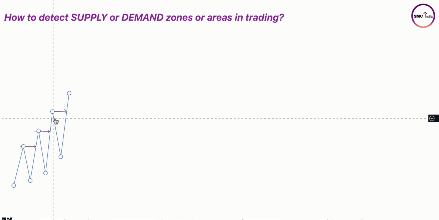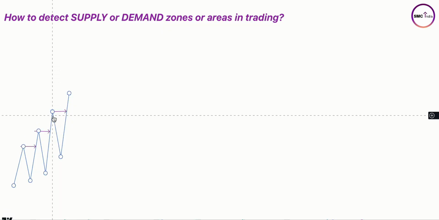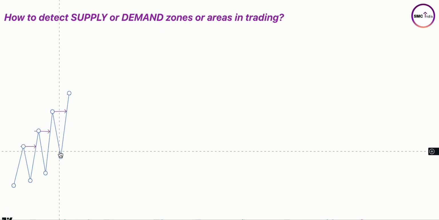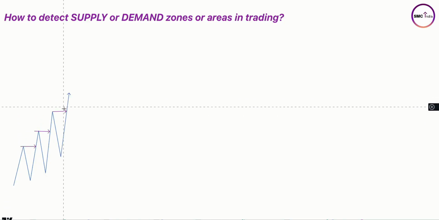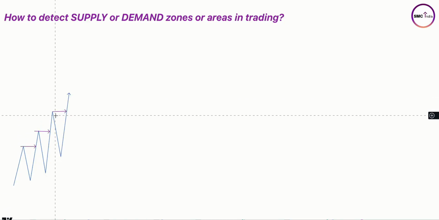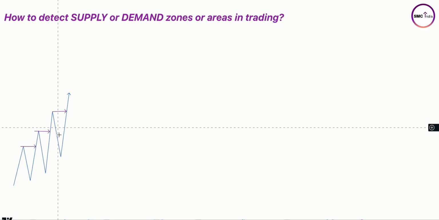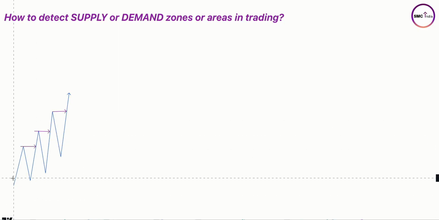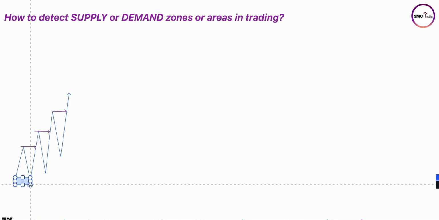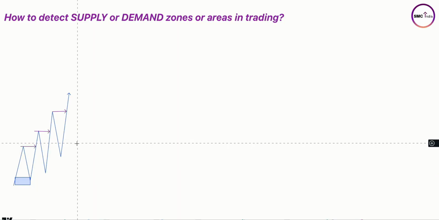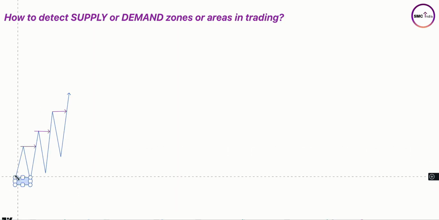So even if there is supply here and the price comes down from the supply zone, the break of structure towards the upside invalidates this supply zone, clearly identifying that there is a demand in the market. So how could you actually detect the demand zone? When the price comes to this zone and shoots up, breaking the structure, this is a clear demand zone.